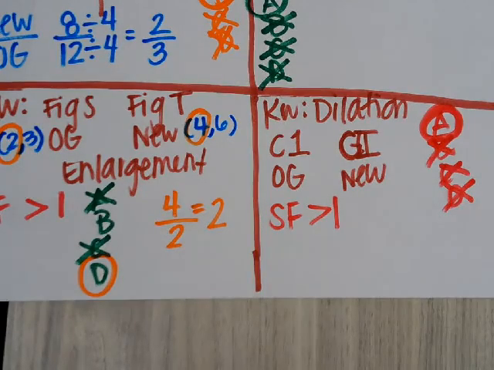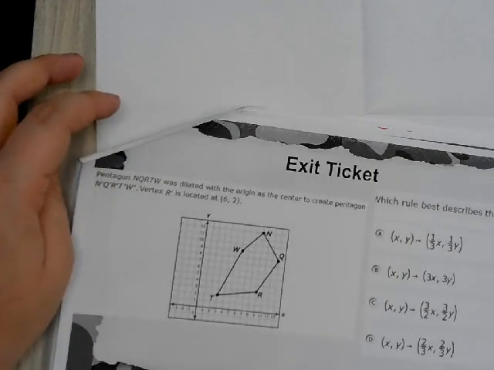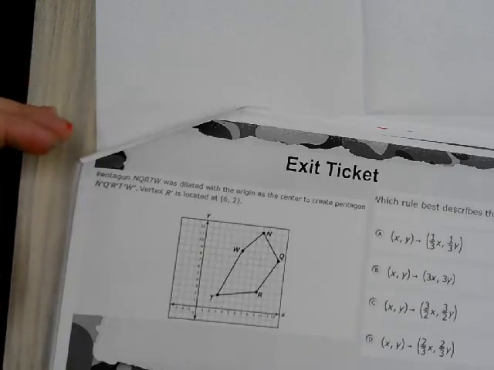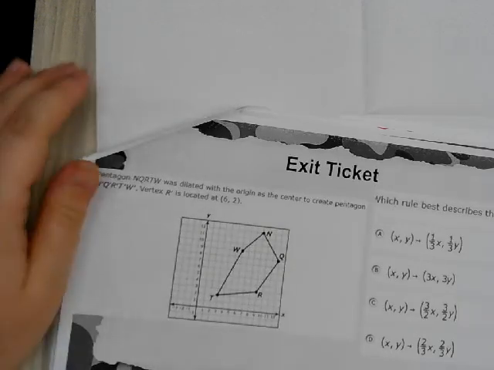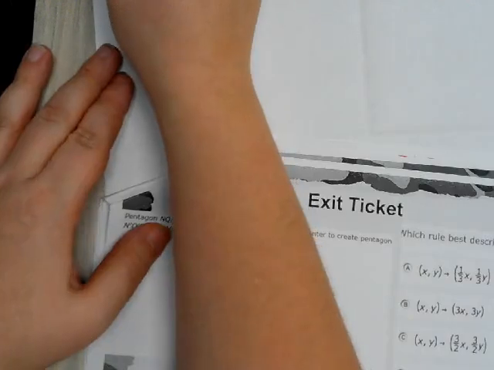Okay, last one. That's your exit ticket. The pentagon NQRTW was dilated with the origin as the center to create a new polygon N'Q'R'T'W'. Vertex R' is located at 6, 2. So we know that it's a dilation.